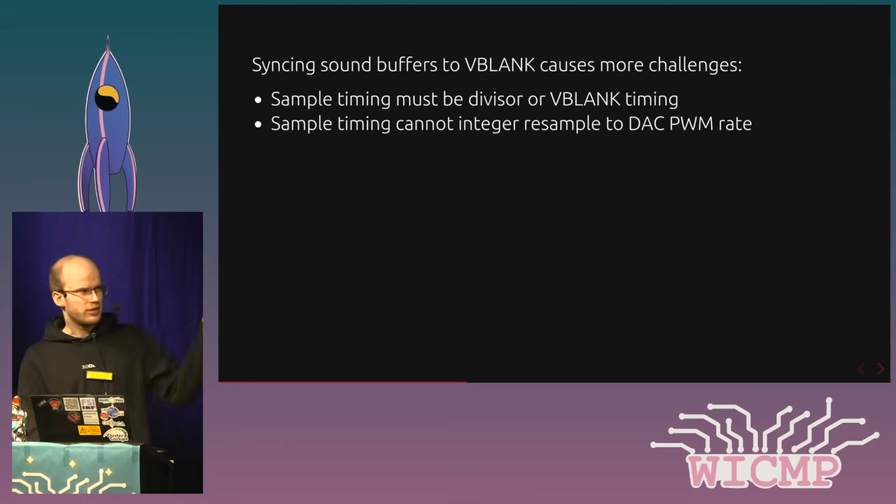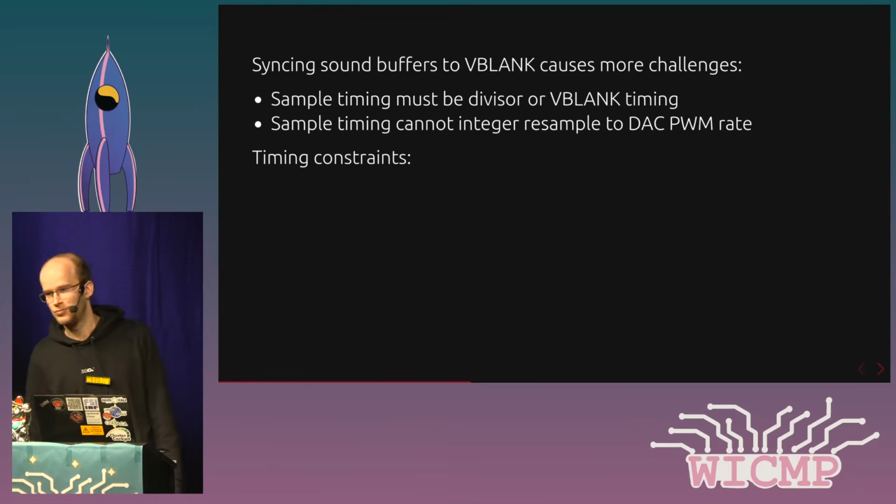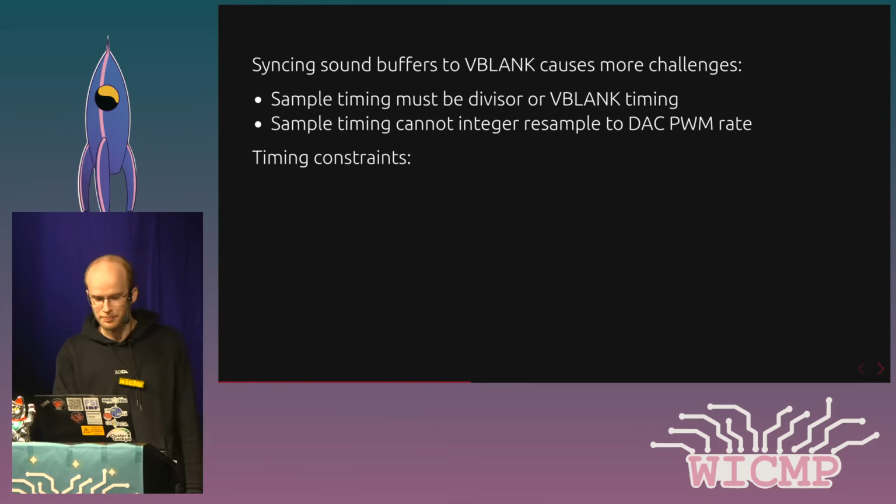Another disadvantage, mostly a quality concern, is that you can no longer integer resample to the digital to analog converter, and that's unfortunately a bullet you have to bite. So a quality loss, so to say.